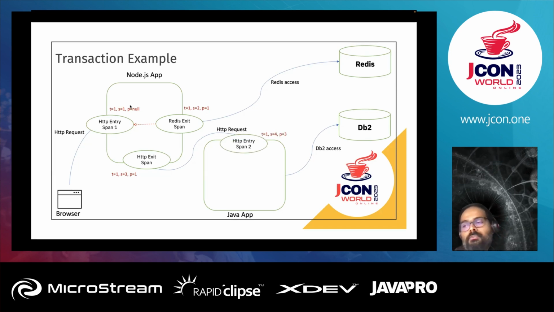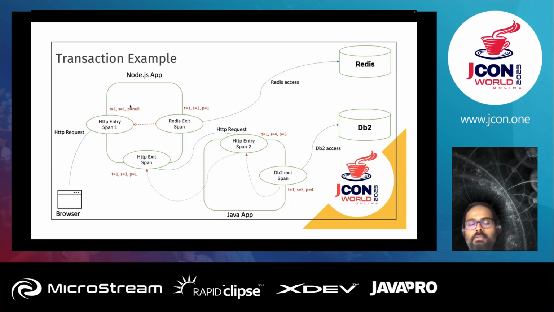Now you see it has reached the Java service. Here again it has marked the entry of an HTTP entry span, and again the trace ID, span ID and parent ID are collected, and now it makes another DB2 exit span. So it's a DB2 call now. It has to get the shopping data from the underlying DB2, so it makes an exit span. Now it returns the data back.